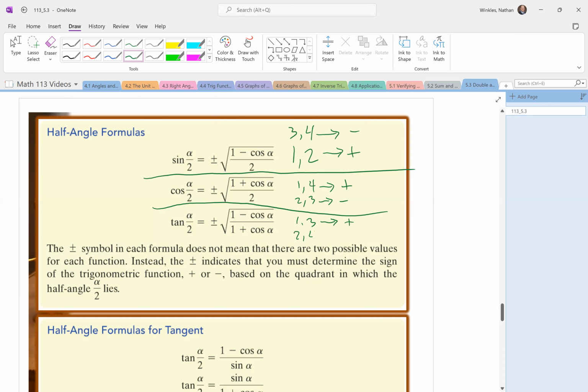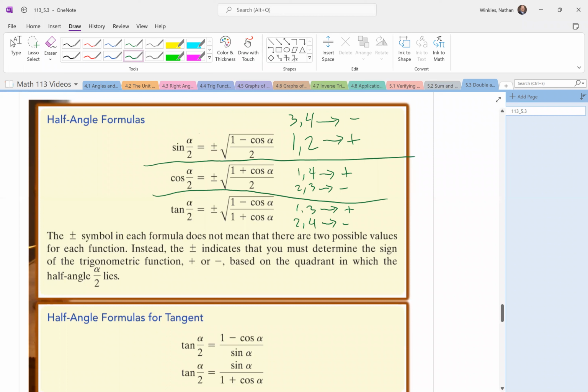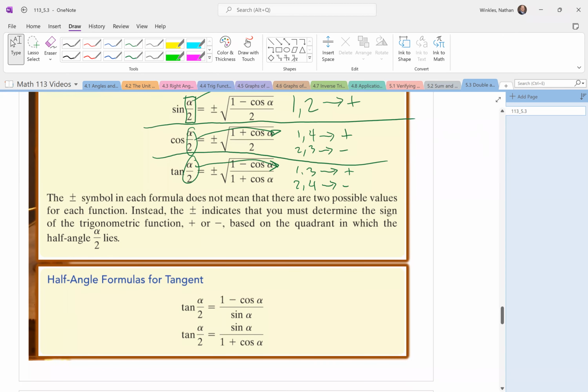And then the second and fourth, it's going to be negative. So that's what we kind of have to keep in mind whenever we see those right there. And this means that this is all for alpha over 2 in those quadrants, in each one of these cases here. Now, tangent does have some other forms. They are a little bit different in terms of what we're looking for.